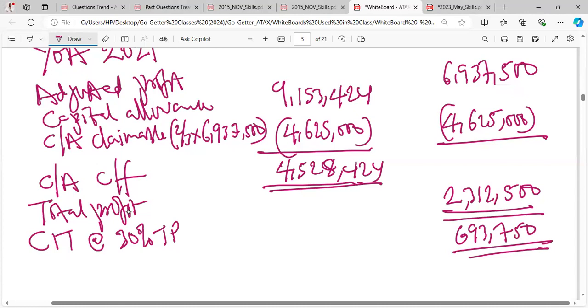And of course, your tertiary education tax will be at 2.5% for the year of assessment of adjusted profits.